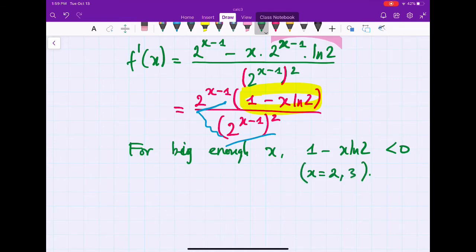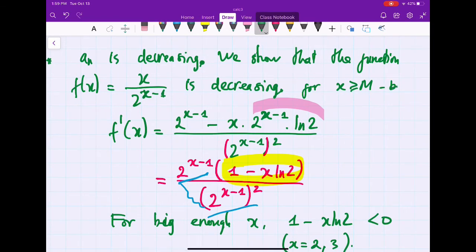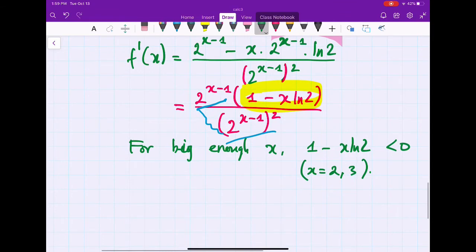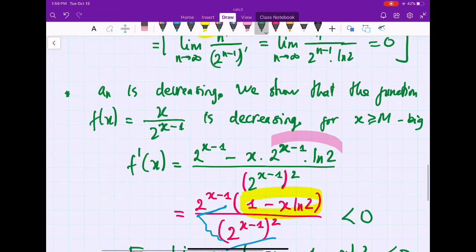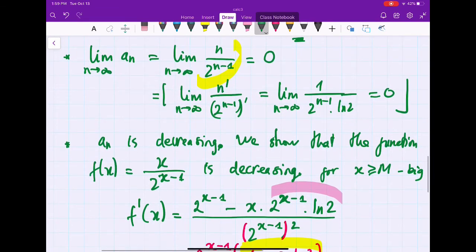But that's okay. The most important is the function is decreasing. I will write here for x greater than or equal to some m, big enough in here. Does that make sense? All right, so this is less than 0. That means our series satisfies both conditions of the alternating series test.